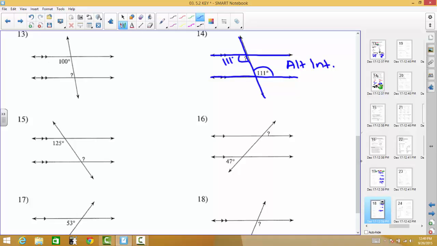In 16, these are alternate exterior. On the alternate side of the transversal, on the exterior of the parallel lines, so this is also 47 degrees.